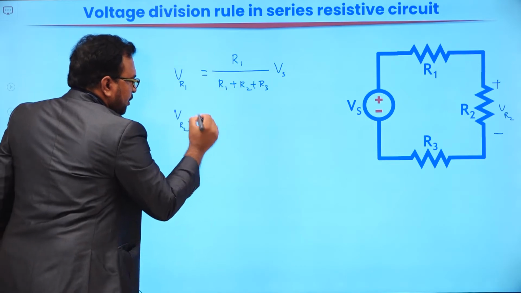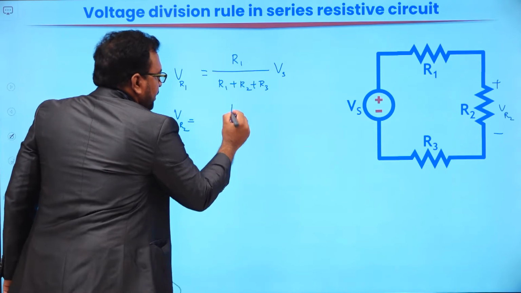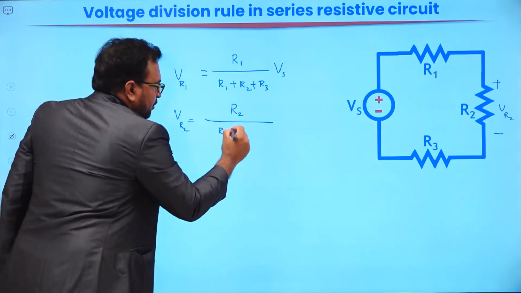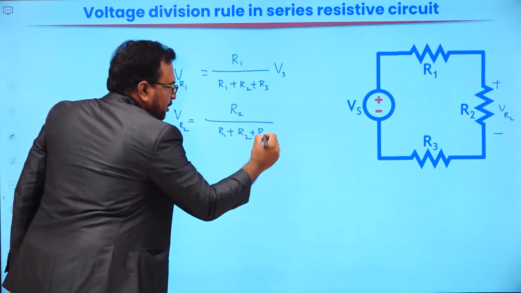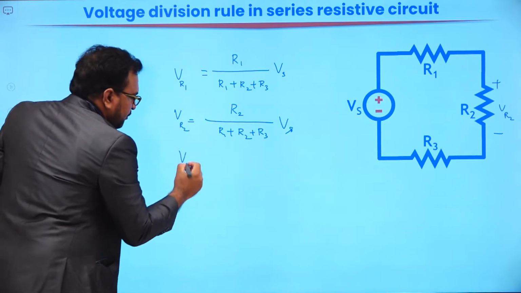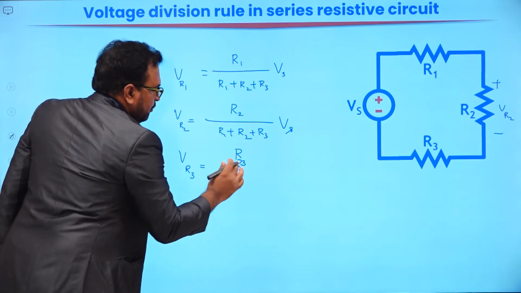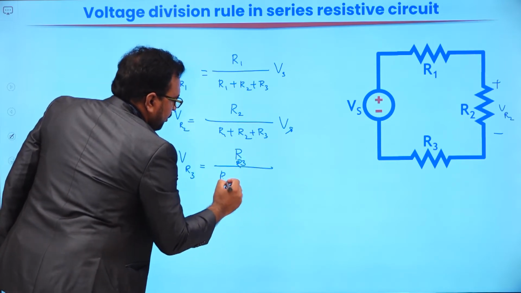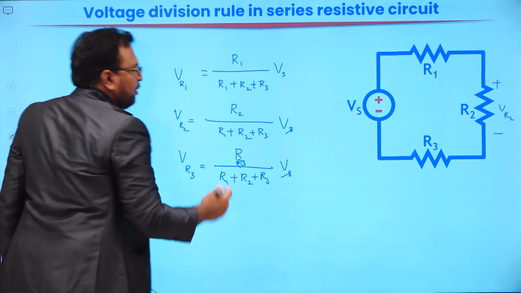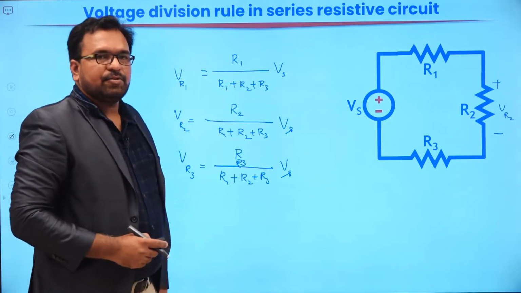VR2 is nothing but, in the numerator you have to write down the resistance value itself, that is R2, divided by the total resistance R1 plus R2 plus R3 into the total voltage applied Vs. Similarly, the voltage across R3 can be written as R3 divided by R1 plus R2 plus R3 into Vs. This is how we are going to apply voltage division rule in a series resistive circuit.